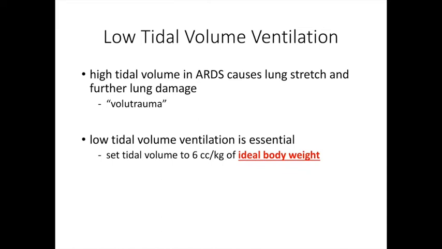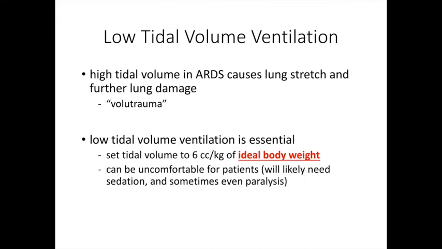When we do low tidal volume ventilation, we set the tidal volume to 6 cc's per kg of ideal body weight. It's important to use ideal body weight and not actual body weight, because when you gain a significant amount of weight, whether it be fat or muscle, your lungs don't actually grow. Low tidal volume ventilation can be uncomfortable for patients, and so you'll likely need to use sedation and sometimes even paralysis to achieve it.